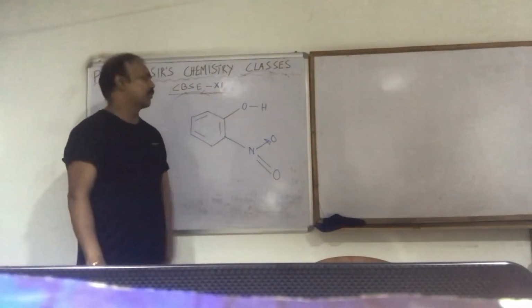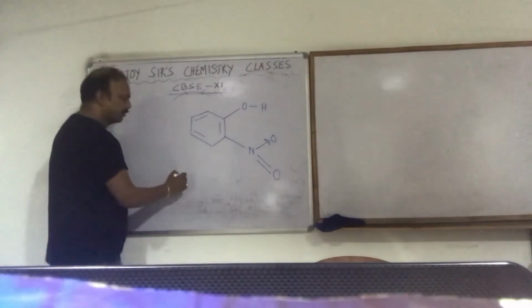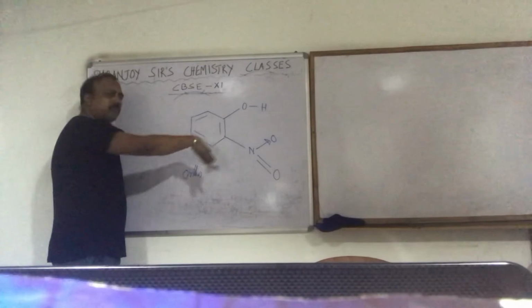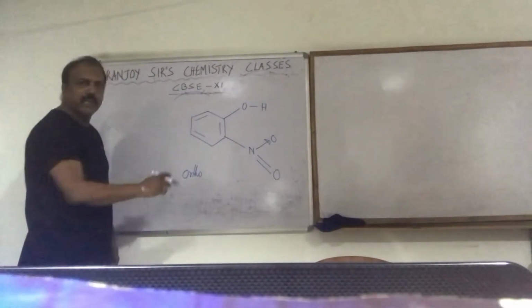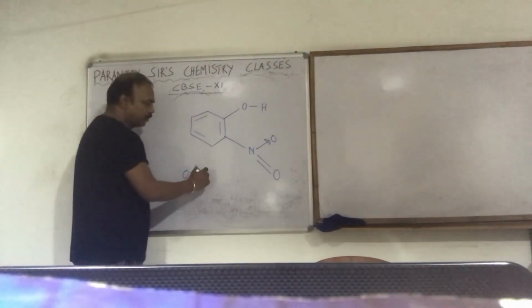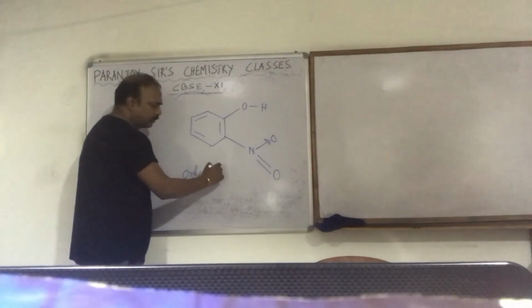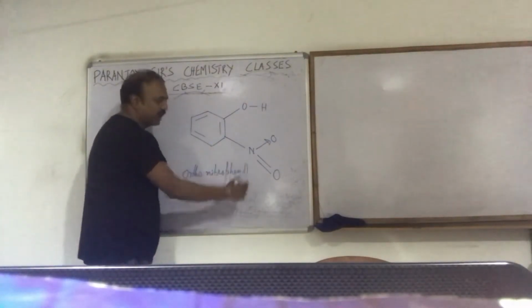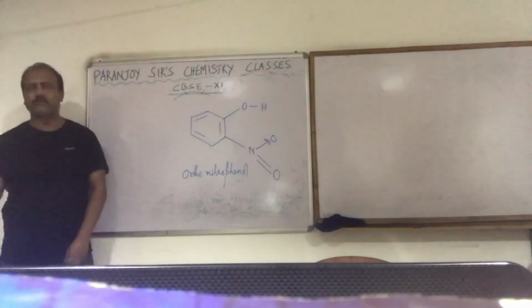Write down the name of this compound, then I am showing the hydrogen bonding. So this is one compound only, and the name of this compound is ortho-nitrophenol. Okay, ortho-nitrophenol.